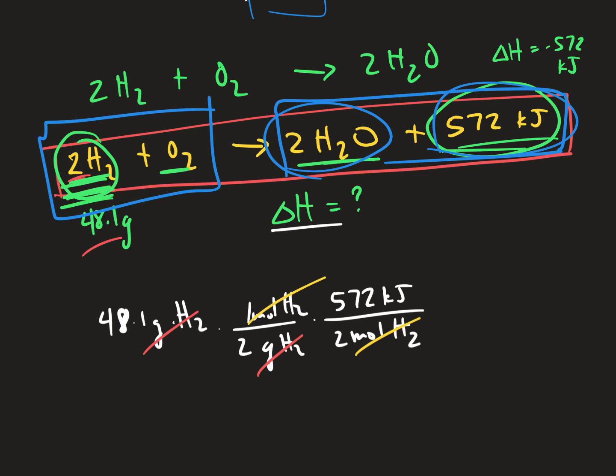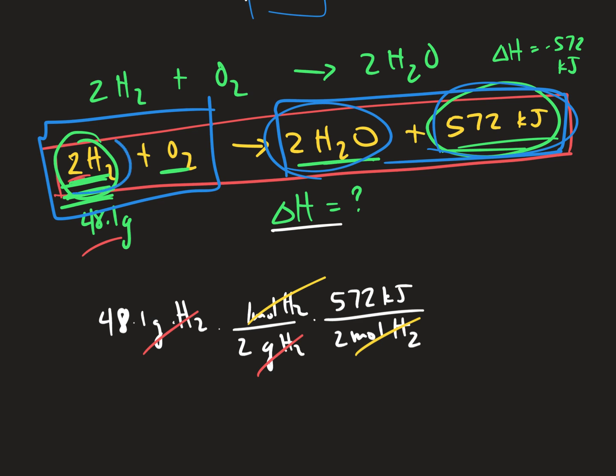But where does the O2 come into play? We don't use it in this problem because we don't care about O2, because we're only burning the H2. It's reacting with the oxygen, so we could figure out how much oxygen we need. We could, but that's not the question, so who cares?